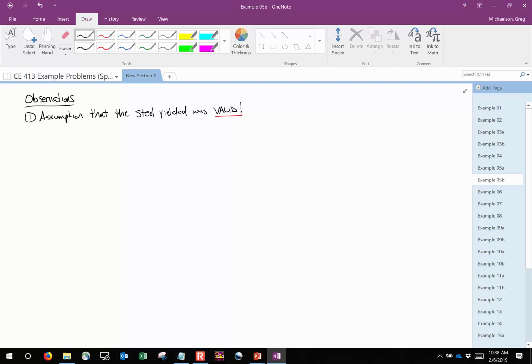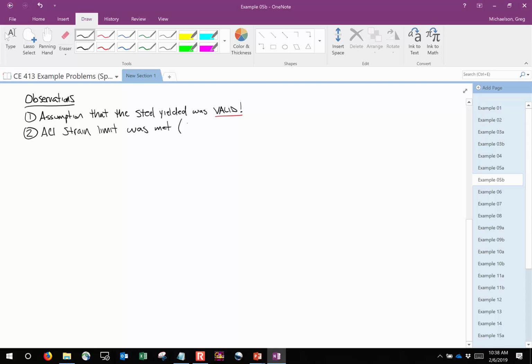Here's my second observation. What is the minimum limit? Let's see if you were paying attention. What's the minimum strain in the steel that ACI permits? 0.004. So what's the second observation? The ACI requirement was met.